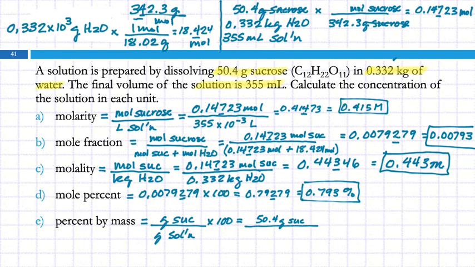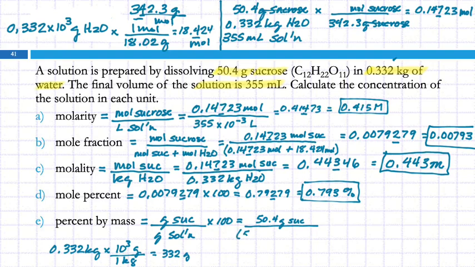So we need to add them together. But they need to be in the same unit. 0.332 kilograms, that's going to be 332 grams of water.